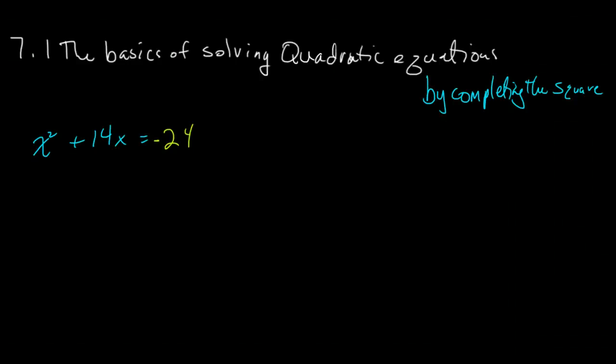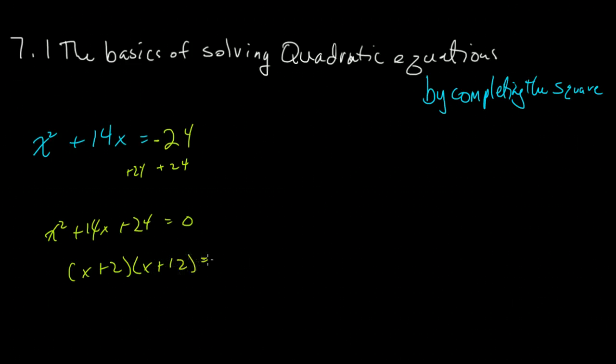Let's take a look at this equation and see how we can use factoring to solve it really quickly. This shouldn't be anything mysterious to us. If I added 24 to both sides, I would get x squared plus 14x plus 24 is equal to 0, and I can factor this into x plus 2 times x plus 12 equals 0.